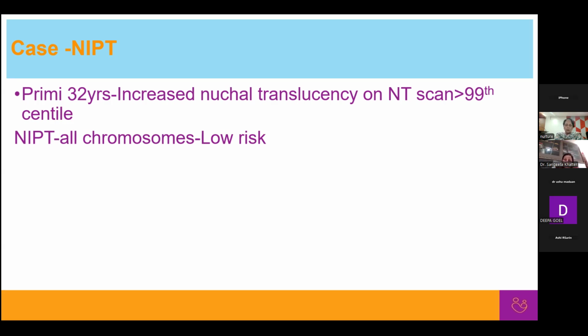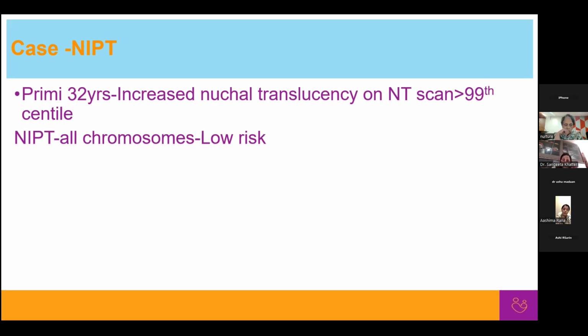Ma'am, we have another answer to this. Dr. Nidhi is saying the early anomaly scan followed by amniocentesis should be done. That can be a good choice. Yes. We have to give the options to the patient: directly CVS, or after an early level 2 scan, because that is needed for phenotyping as well.